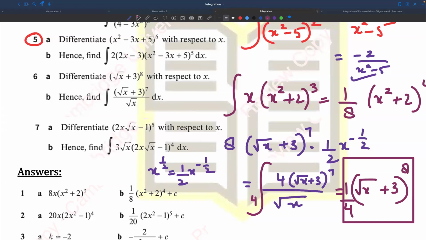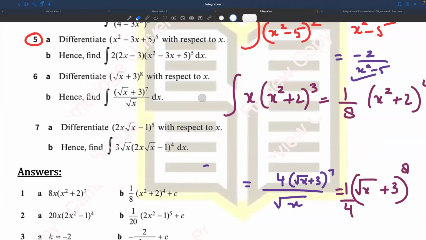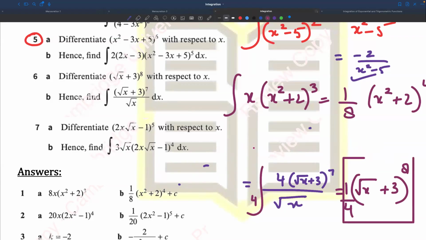Okay, so let me just repeat it again. When you have root x plus 3 power 8, the power multiplies over here, right? So 8, the power decreases by 1. And then you also multiply with the derivative of root x plus 3, right? When we differentiate, you have done it, right?